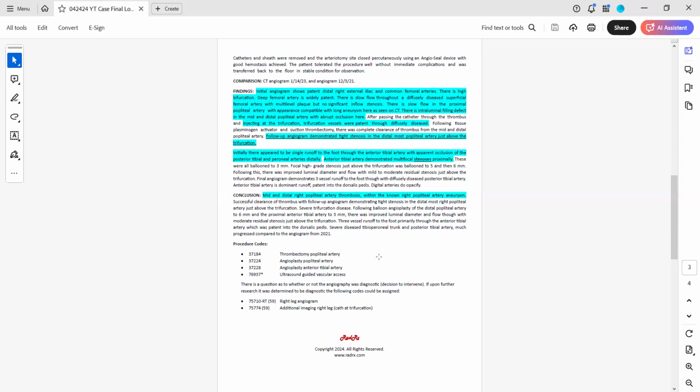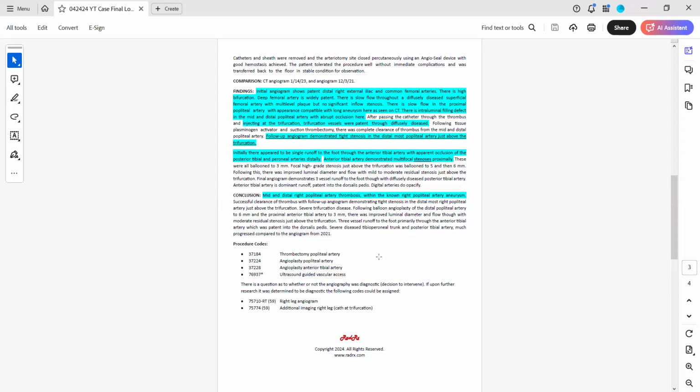Okay, so we see that we have that there. Then the catheter went down to the trifurcation, and then additional contrast was injected to then look at additional vessels. So we have the ability to assign the 75774 for that runoff to the foot. So we have the findings that support that.